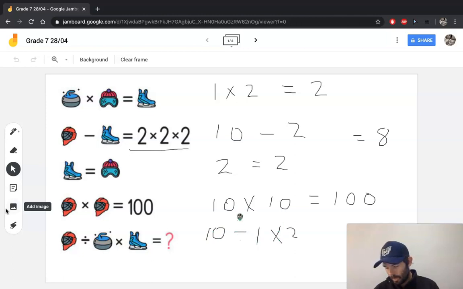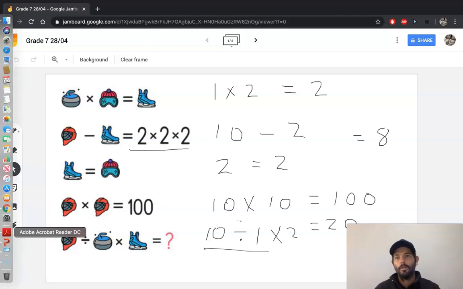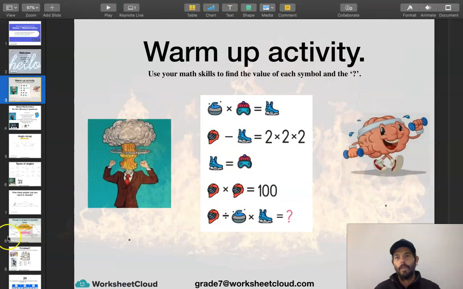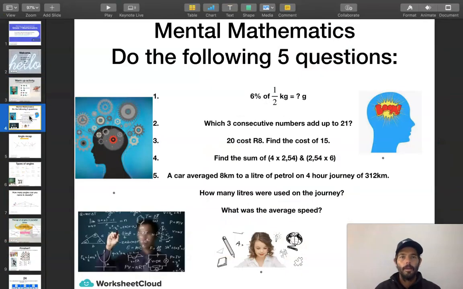That's a division sign. Okay, we know that division comes first in order of operations. So 10 divided by 1 is 10, and then multiply by the 2, and you should get 20. Okay, right, well done if you recognize those places to start, and if you manage to get your Tuesday off to a positive start.